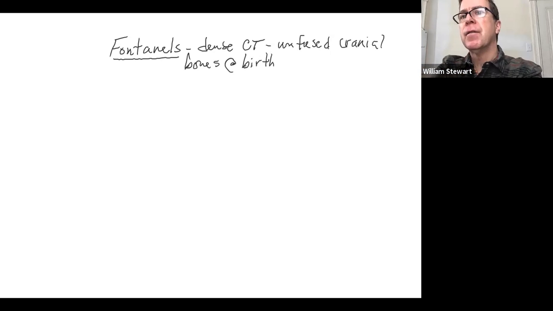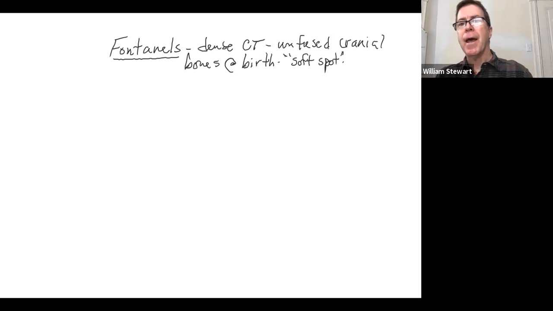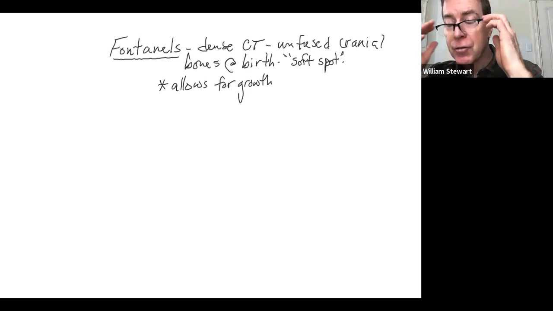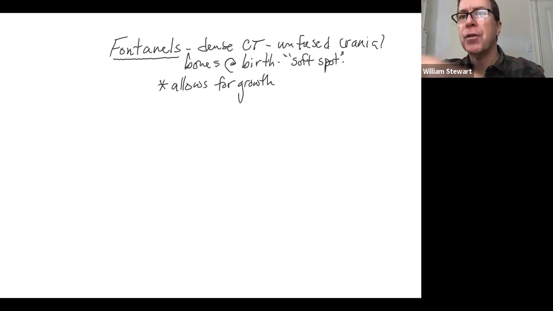So a fontanelle, that's what it is. It's a soft spot. And now you know what it is. It's unfused cranial bones. And this predominantly allows for growth after birth. Both bone growth and soft tissue growth underneath, like central nervous system.